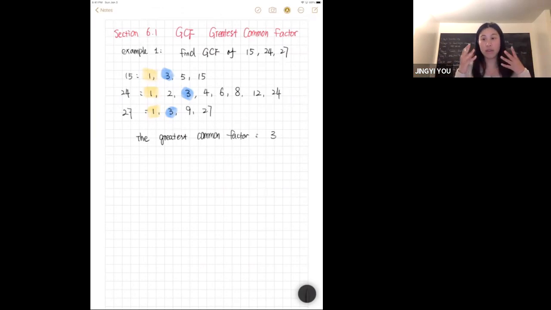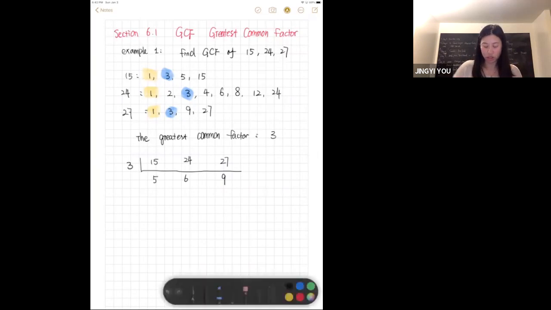Now today I want to teach you a method that makes it easy to find the common factor. You write down these 3 numbers, 15, 24, and 27, and now we use this symbol. They can all be divided by 3, right? So 15 divided by 3 is 5, 24 divided by 3 is 6, 27 divided by 3 is 9.